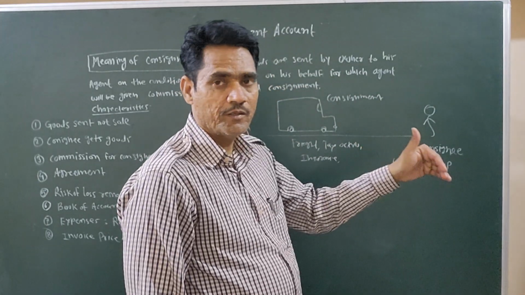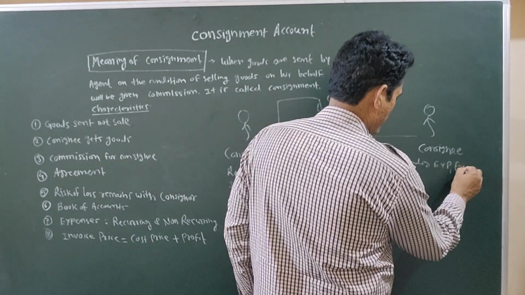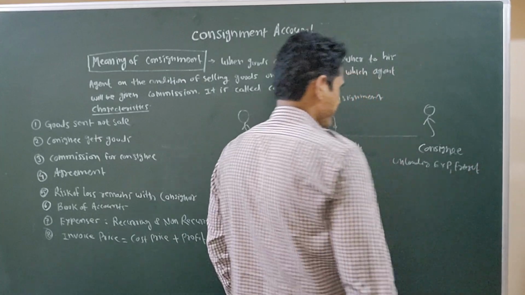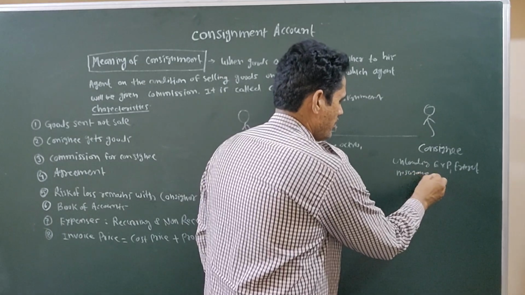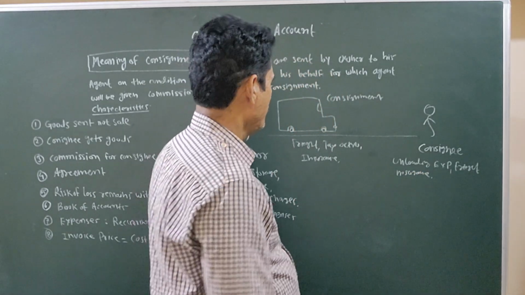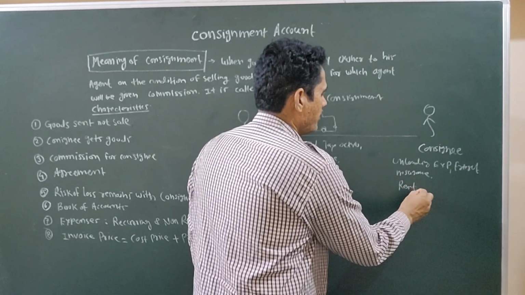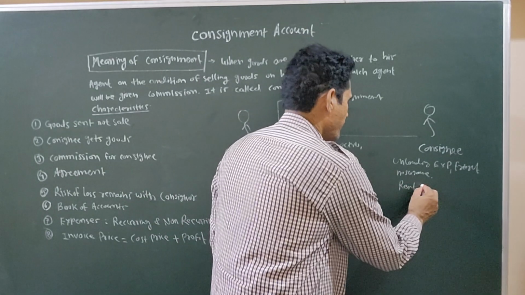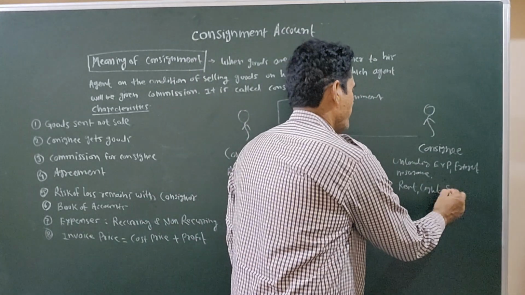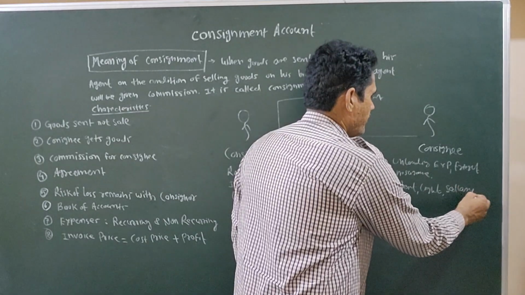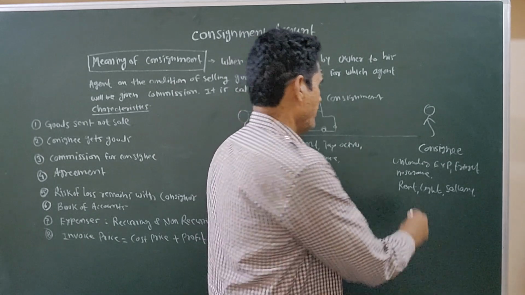We have to pay some freight, insurance, then rent, light, salary, advertisement.